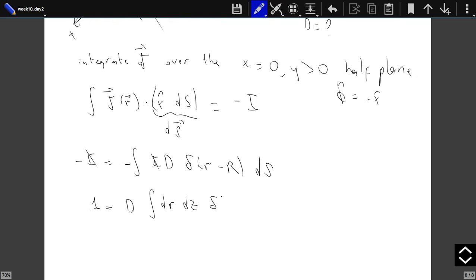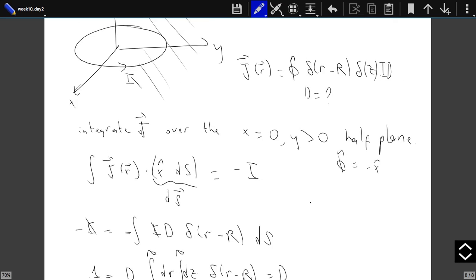Times the Dirac delta of r minus R. Okay, z goes from minus infinity to infinity, dr goes from 0 to infinity, and this will be equal to d. So d is 1. So we know that J is equal to Dirac delta r minus R, Dirac delta z, times I in the phi hat direction.